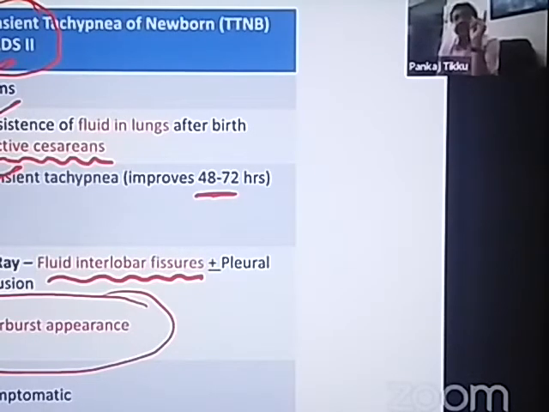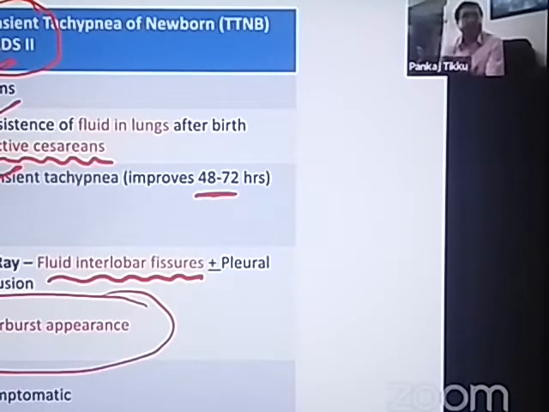Reticulogranular opacity or ground glass opacity and air bronchograms. What is the X-ray picture in transient tachypnea of the newborn? Fluid in the interlobar fissures, making these interlobar fissures very prominent. Pleural effusion may or may not be present, but the interlobar fissures are very prominent, as I just showed you in the X-ray. This picture is known as the starburst appearance.